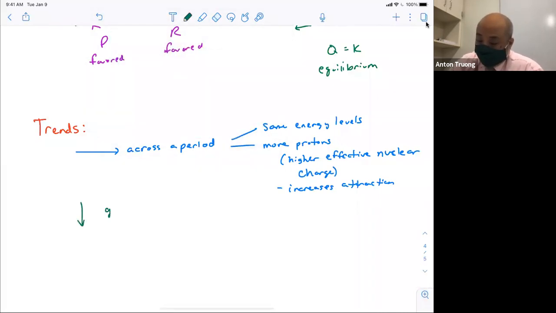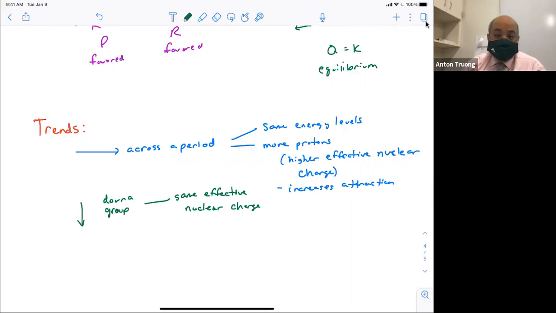As you go down a group, the idea is you have the same effective nuclear charge, because essentially the number of protons pulling on the outermost electrons is the same. Whether it's lithium, potassium, or sodium, they have one proton pulling on one valence electron.